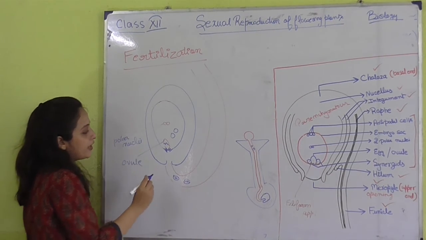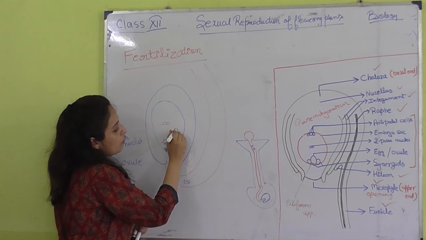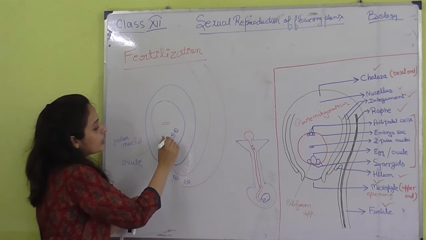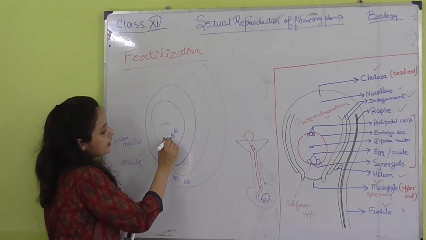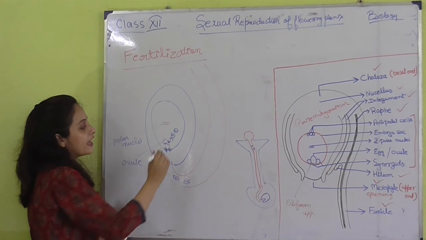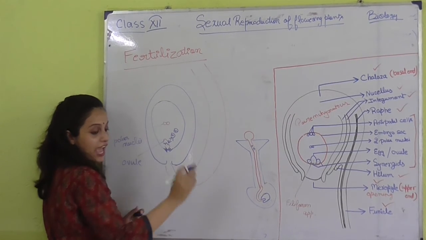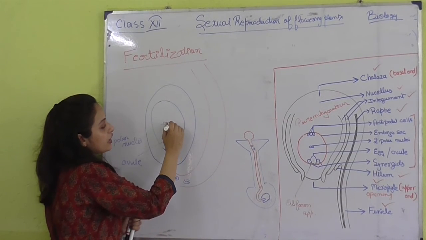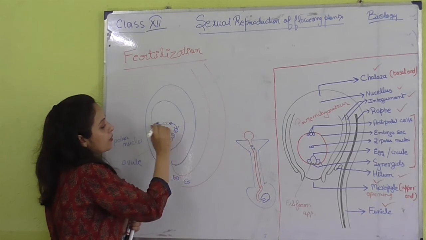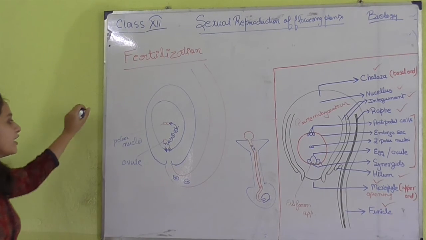One of the male gametes will unite with the egg, and the other male gamete will unite with the polar nuclei.